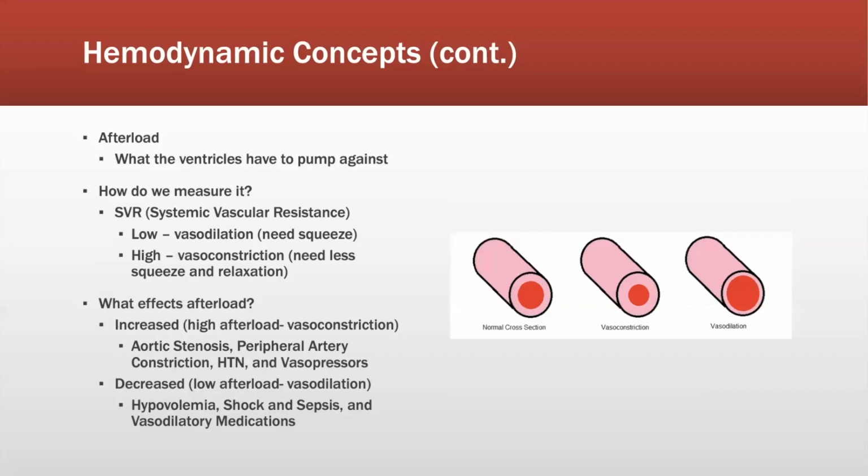So in shock, with low SVR, numbers in the 400s, 500s, this means your patient has a whole bunch of vasodilation going on. Let's just think of anaphylactic shock or shock states, right? Your vessels here are vasodilated to the max, and so the heart would need less squeeze to push against this.